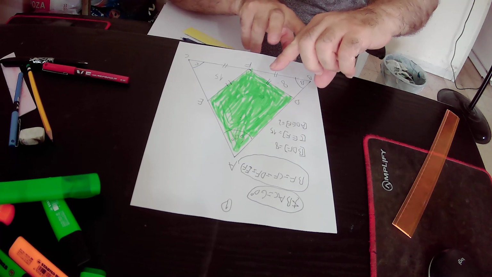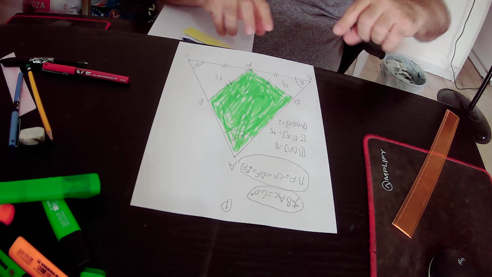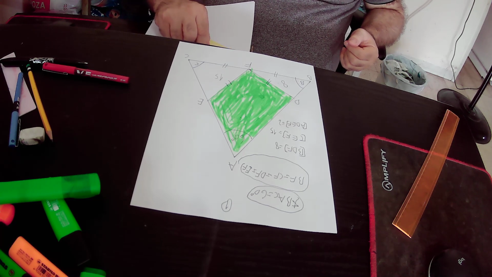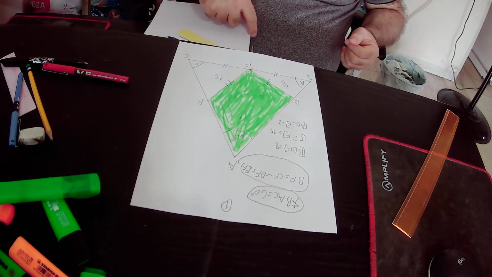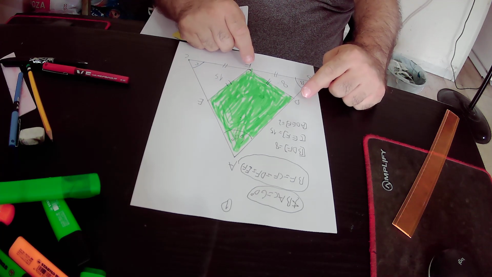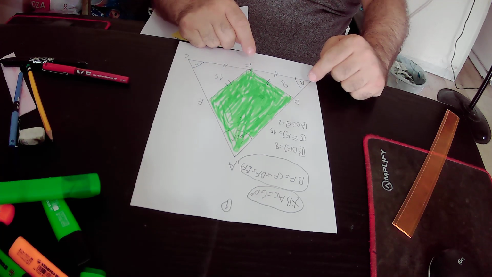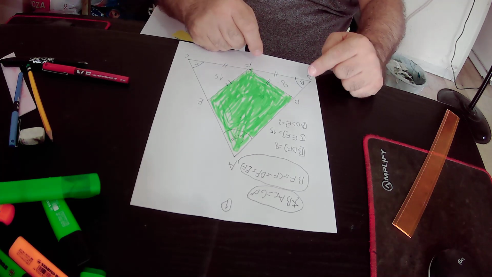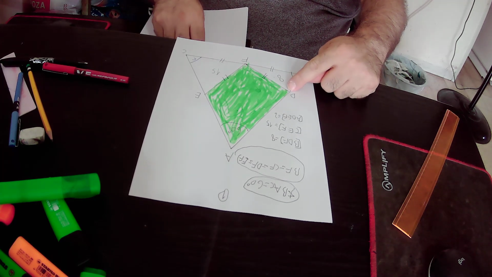Those two sides are equal to each other. In front of side DF of triangle BDF, we have angle B. In front of side BF, we have angle BDF.